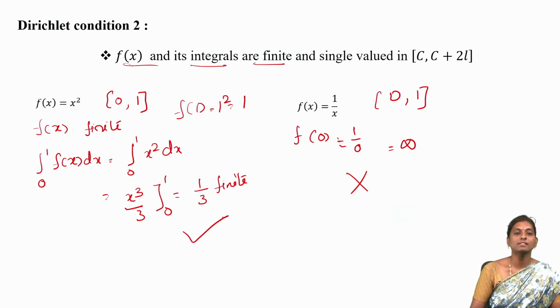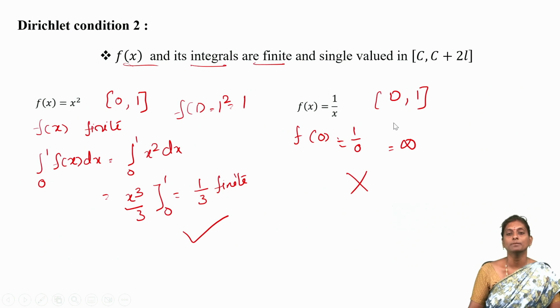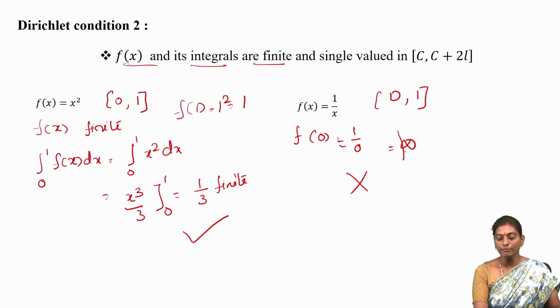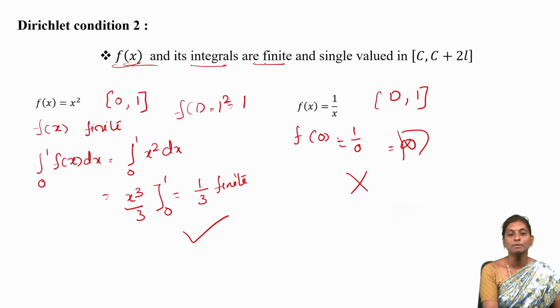Here f of x is equal to x square satisfies Dirichlet condition number 2, but f of x is equal to 1 by x does not satisfy it, because f of 0 is equal to 1 by 0, which is infinite. So the f of x value must be finite.